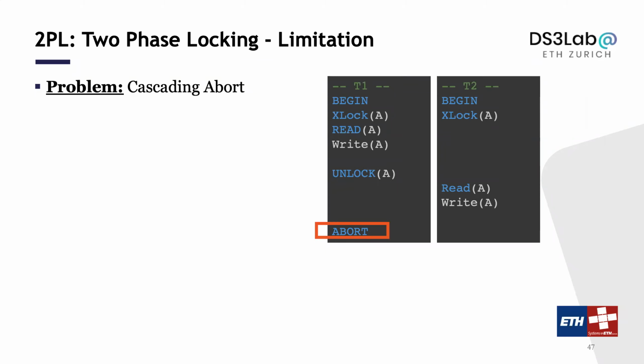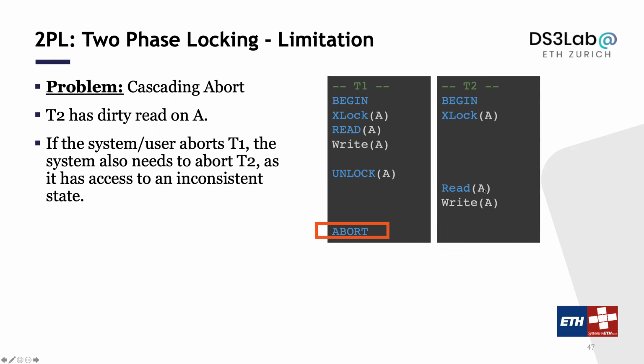However, if you think about this abort, assuming T1 unlocks A and then aborts, what would happen? In this case, the database needs to undo all the changes done by T1.